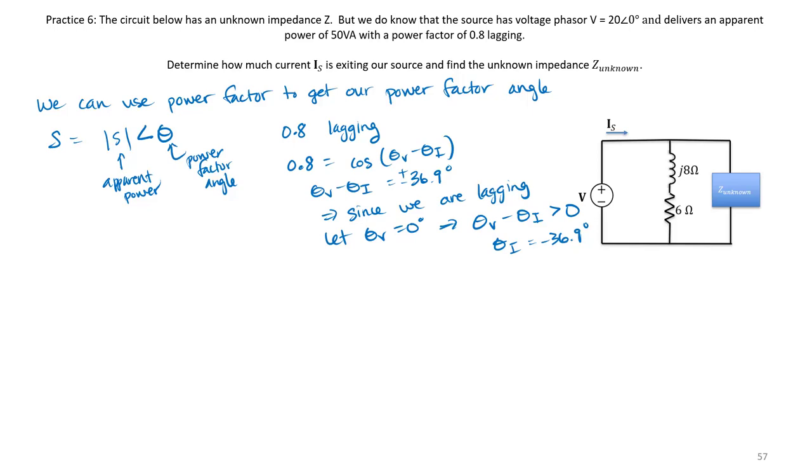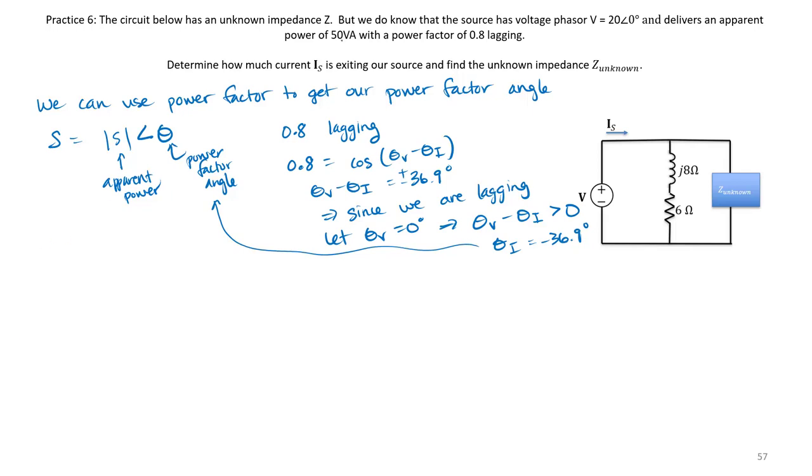Alright, so now we know our theta I value, and we know our overall theta v minus theta I value. So now that we know this, we can plug it back in for our power factor angle.